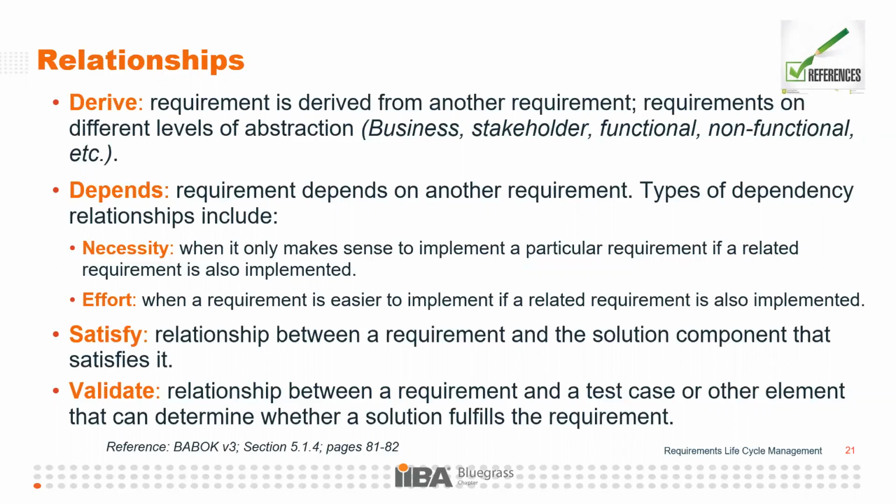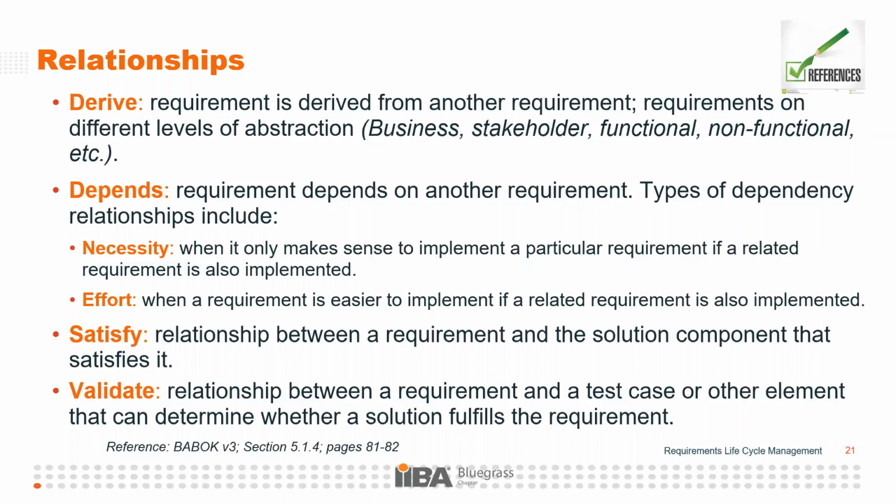And then there's also satisfy, where it's a relationship between a requirement and the solution component that satisfies it. And then the last type of relationship is validate, and that's the relationship between a requirement and a test case or other element that can determine whether a solution fulfills the requirement. So those are the basic relationships. There may be more, but we're just covering these.